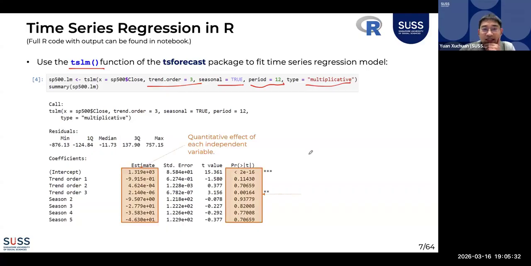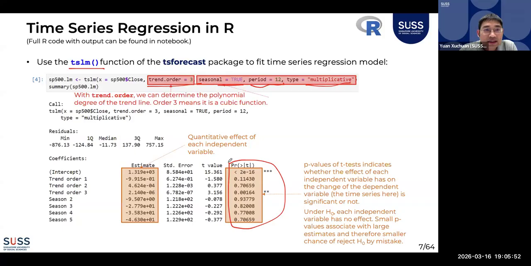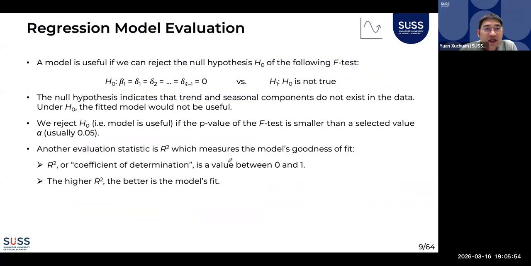Then you look at the output. You look at the p-value of the result from your linear regression model. If the p-value is approaching 0, it means the term in your linear regression model is significant. We also need to test whether the coefficients of the terms are significant or not.